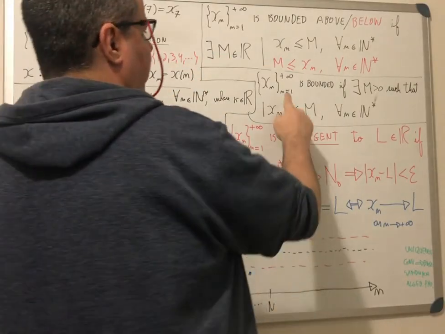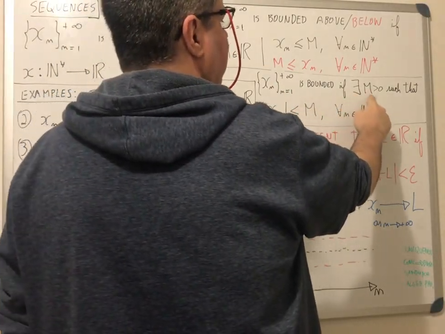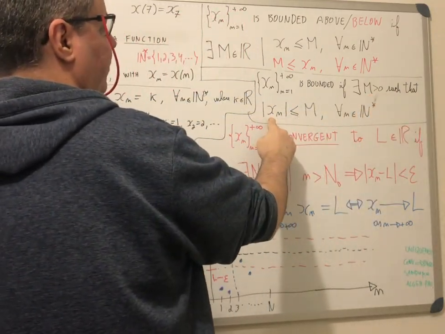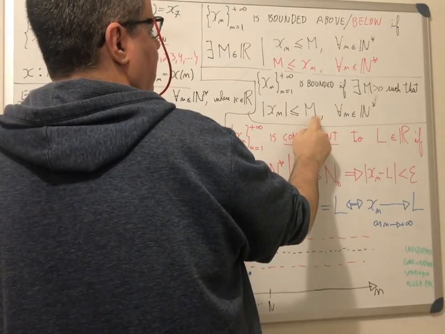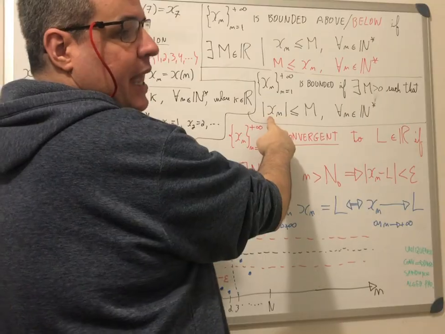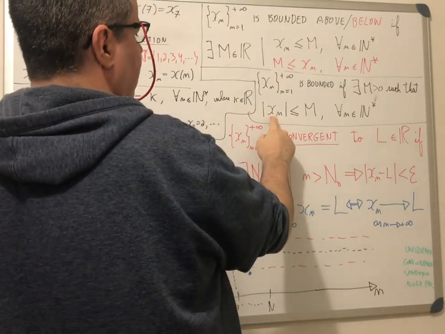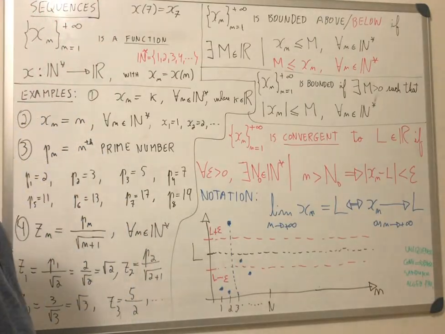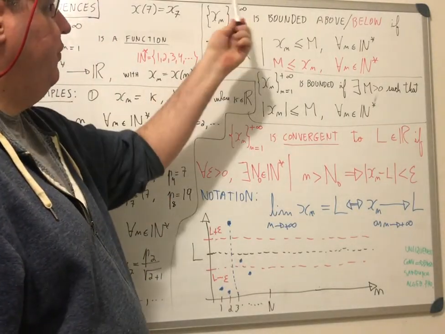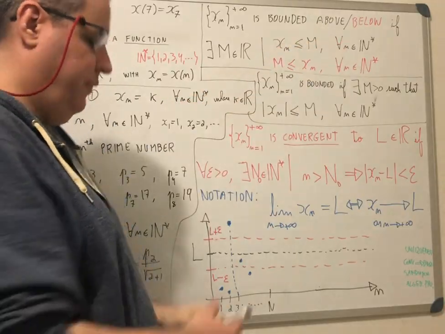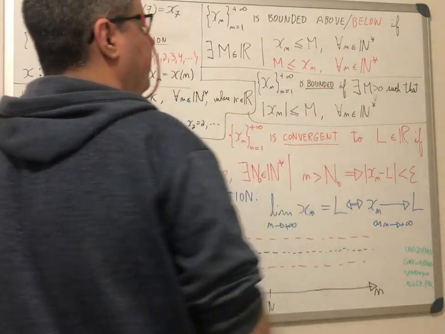A sequence is bounded if there exists a number m such that the absolute value of xn is smaller or equal to m. So the sequence is never smaller than negative m, and never bigger than positive m. So, three definitions here: bounded above, bounded below, and bounded.